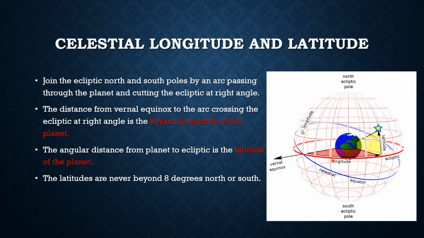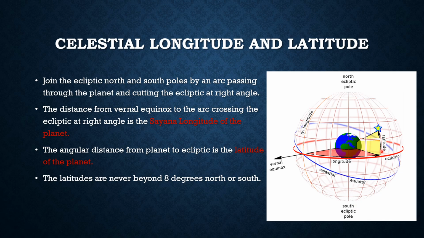Okay. Now here this is the vernal equinox. So the distance from the vernal equinox to the arc, which is crossing the ecliptic at right angle, is the Sayana longitude of the planet. So remember, this is the arc which is moving from the north to the south ecliptic pole, and this is passing through the star.